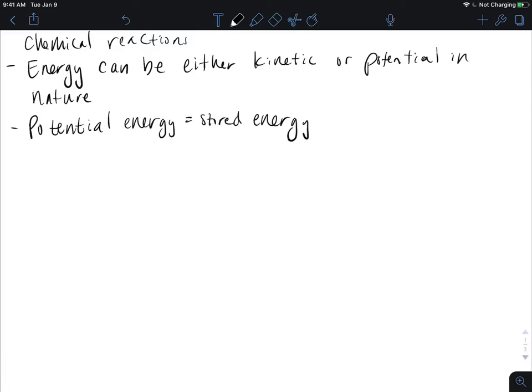So this is going to be the energy that an object has due to its position or chemical composition.